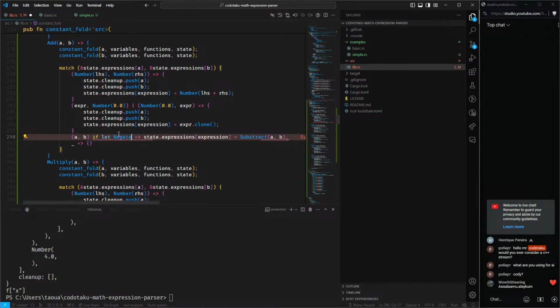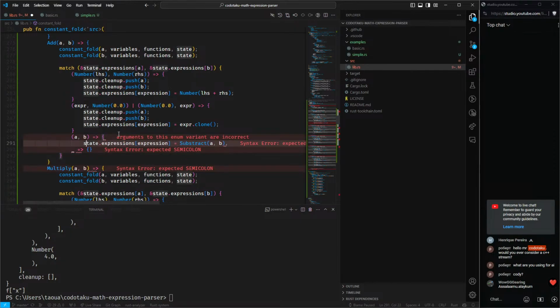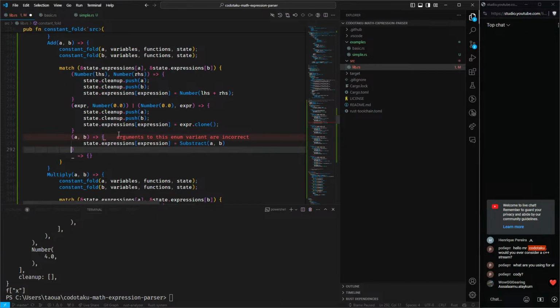I don't think that's even possible. Well, I mean, I do need the negate. I need to find out how, if B is a negate. Interesting.